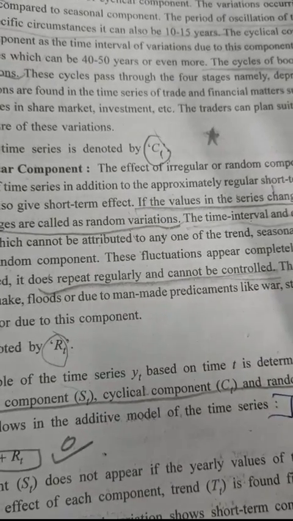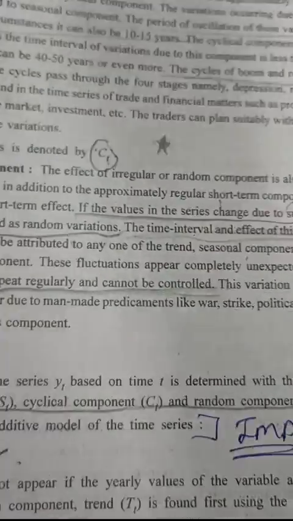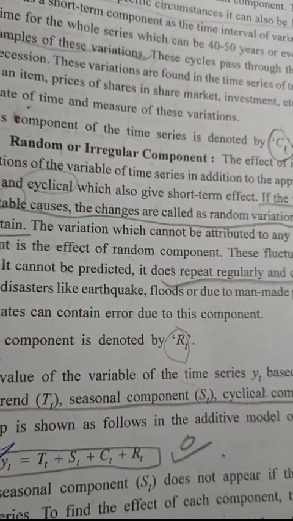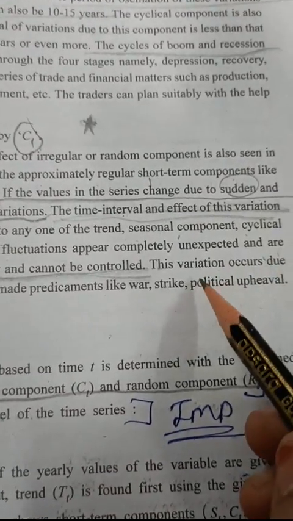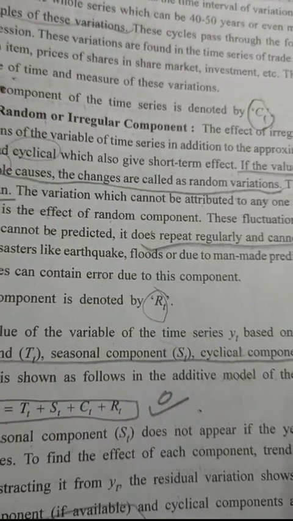So we don't have any surety about what kind of changes are going to take place. The variation occurs due to natural disasters like earthquake, flood, or due to man-made predicaments like war, strike, political upheaval. The estimates can contain error due to this component.